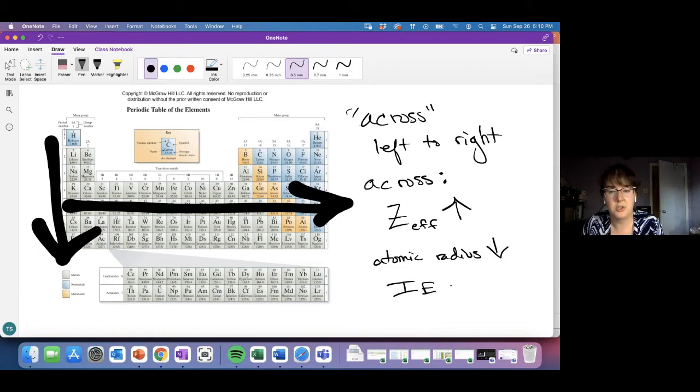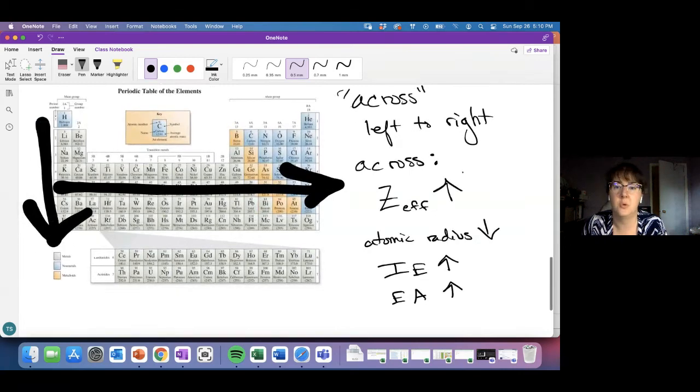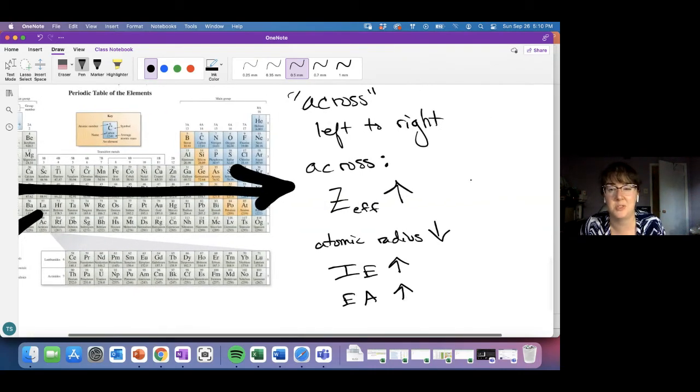Your ionization energy increases, and your electron affinity increases. Now, again, I'm not pointing out any of the exceptions. This is why I drew giant arrows. This is what happens in general, ignoring the exceptions like we just talked about in ionization energy, and electron affinity has some too.